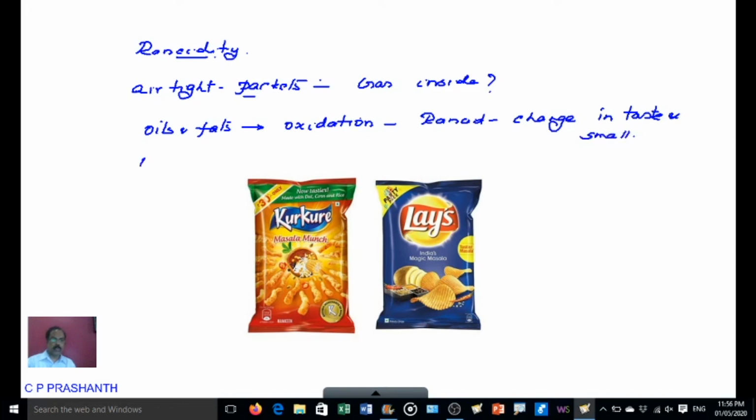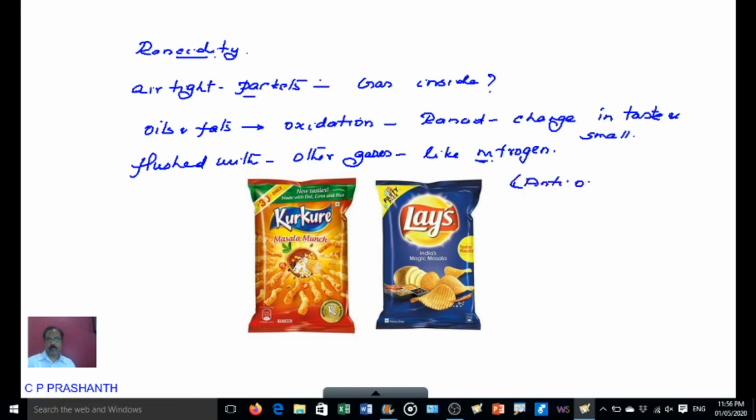So to prevent this from getting spoiled or getting rancid, we flush it with a gas which does not allow it to undergo oxidation. So gases like nitrogen are used, because without oxygen, oxidation cannot take place.